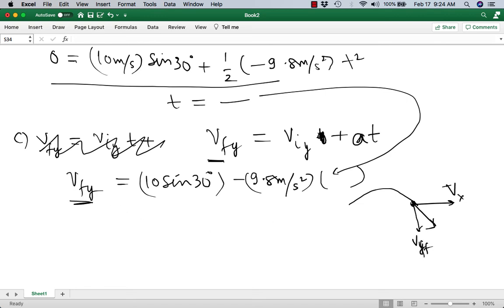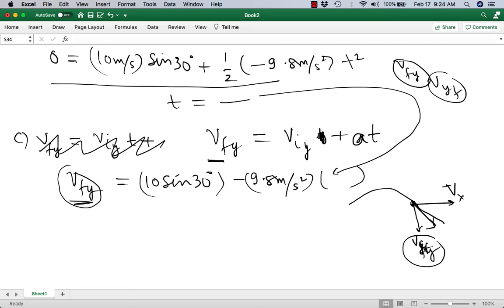You can write this vy final or v final y. Sometimes I write v final y or sometimes I write vy final. They are both the same. So this is the downward velocity, because we are talking about the vertical motion.